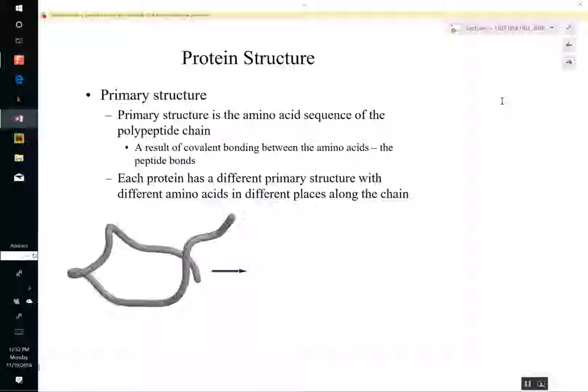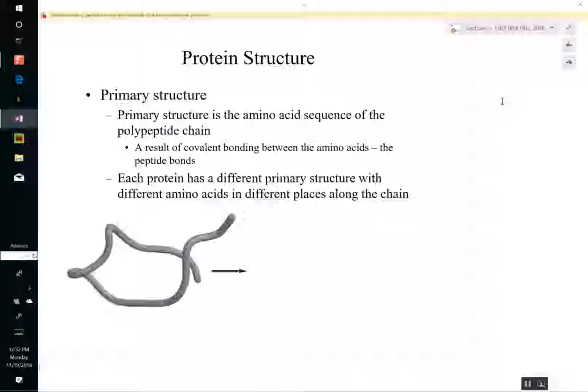Amino acid sequence, and the kind of bonding here, you could say we've got peptide bonds, specifically peptide bonds. They are covalent bonds. A peptide bond is a type of covalent bond, but we've got a really specific connection between the amino acids that's holding this sequence together.